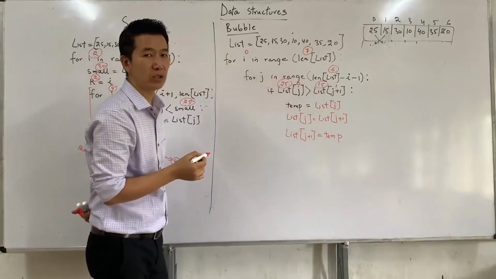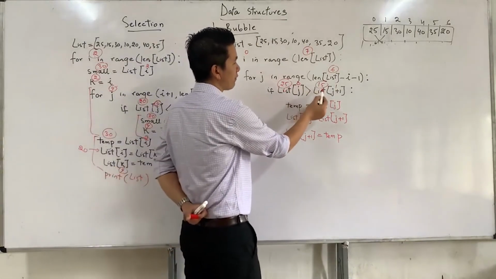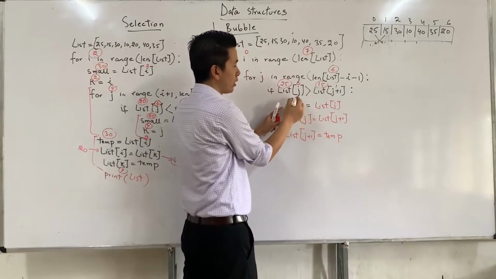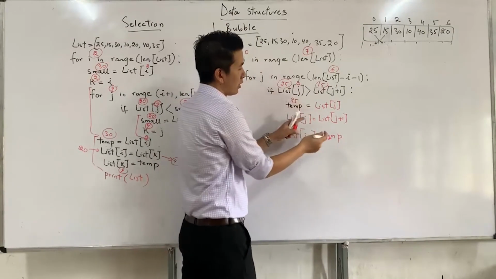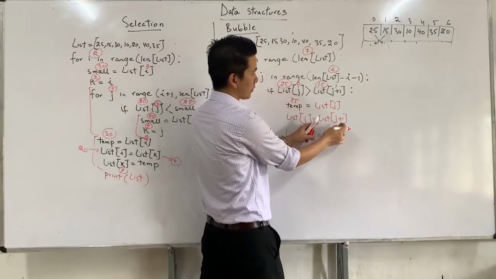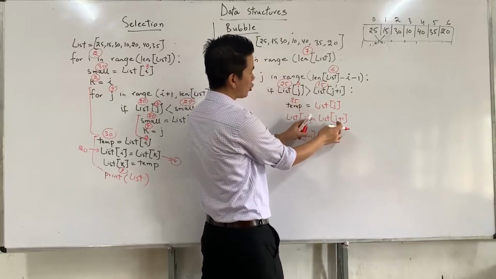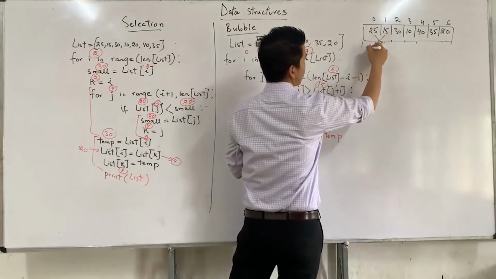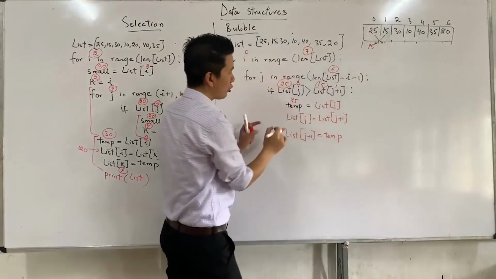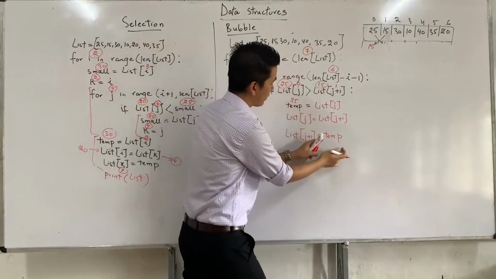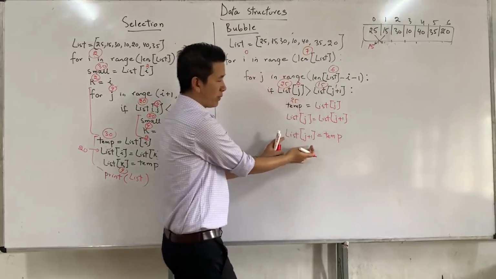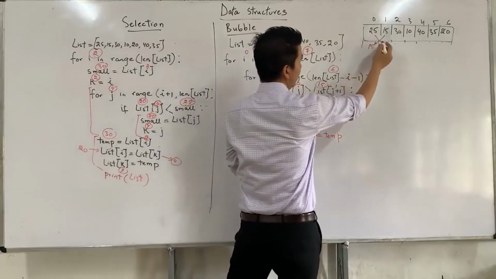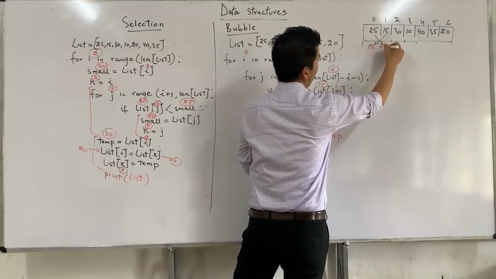The condition is true. 25 will be assigned to temp. Then 15, which is list of 1, will be assigned to list of 0. And then the value of temp, which is 25, will be assigned to list of 1.